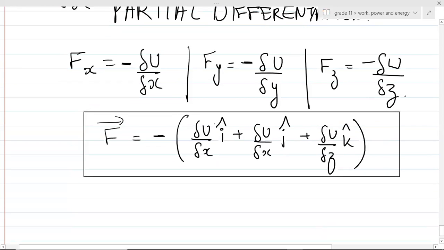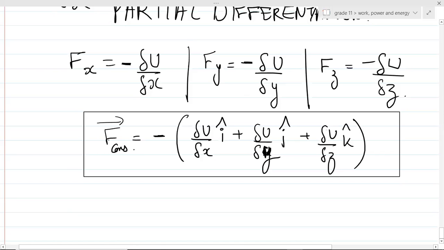Please write it like this. And always remember this is the conservative.